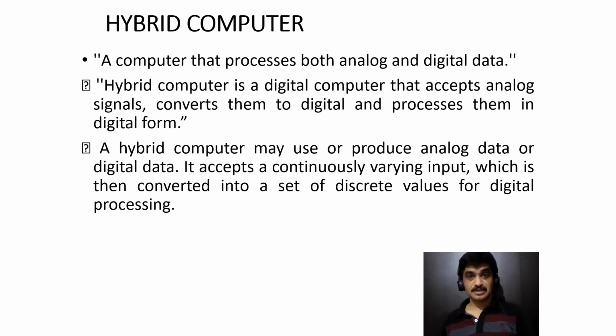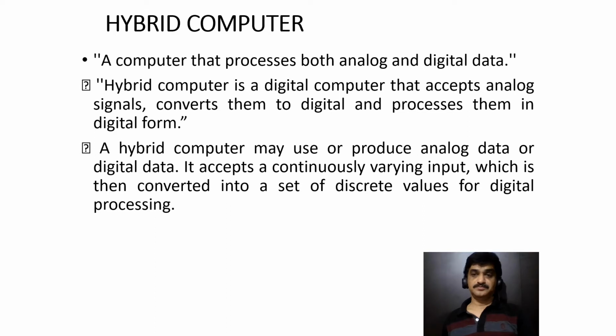But the output will always be digital. Input may be analog or digital, but the output will always be in digital data. Clear? It accepts a continuously varying input, which is then converted into a set of discrete values for digital processing. So a hybrid computer has both the features of the analog computer as well as the digital computer.